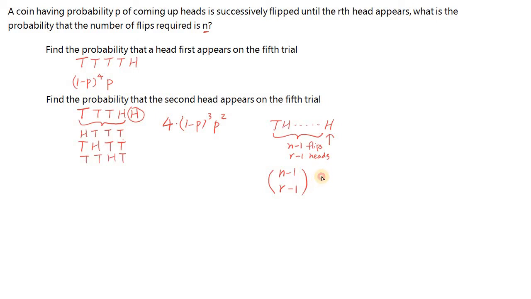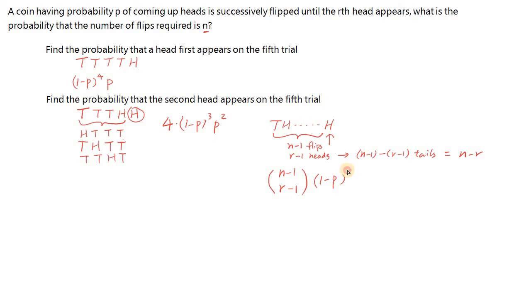And then you're going to write down the same thing again. So how many tails are you getting? For n minus 1 flips with r minus 1 heads, you're going to get (n minus 1) minus (r minus 1) tails, which is n minus r.